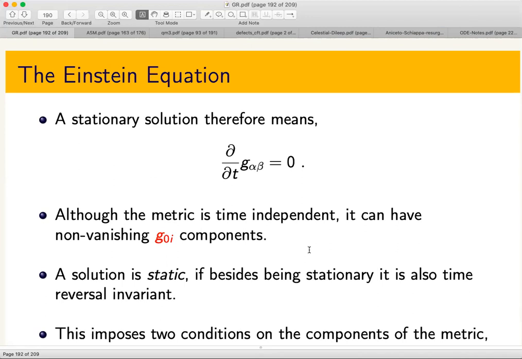If you want your metric to be invariant, then G0I should go to minus G0I. And G0I equal to minus G0I tells you that G0I should be equal to 0. Therefore, when you go to a static solution, you not only impose the condition that G alpha beta is independent of time, but you also impose the condition that G0I is equal to 0. So that is the kind of configuration that we are looking at.